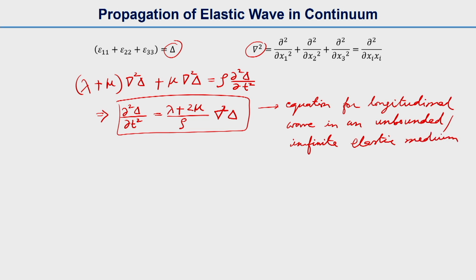So this is an elastic wave, and we are talking about the longitudinal wave. The dimension of this term is distance per time, the whole square. So you can check that term. The dimension is distance divided by time, the whole square, and it is a velocity. You know that this is analogous to the equation we derived for the wave equation of a string.